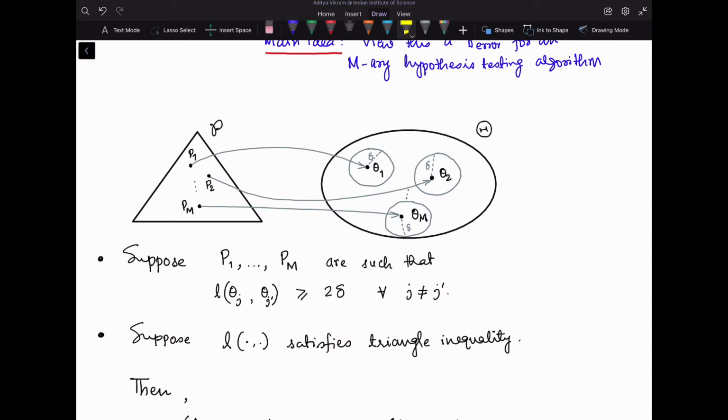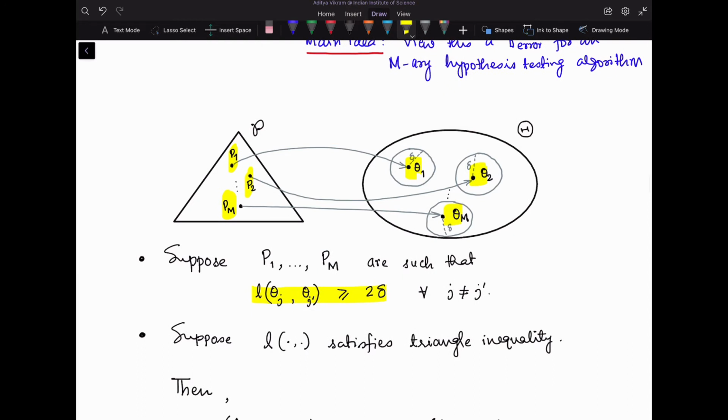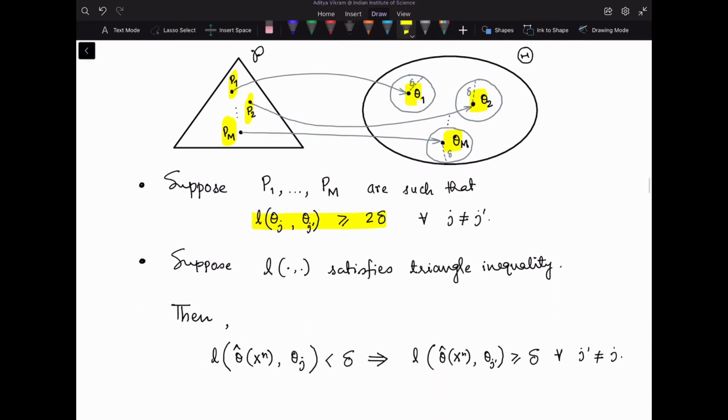Okay, so again we have this picture here. We have m distributions which we have chosen from P. As of now, they are arbitrary. And corresponding to each distribution, we have the parameters in the parameter space. Suppose we choose P1 to Pm so that the loss between theta j and theta j dash is at least 2 delta, if j and j dash are different. And also suppose that this loss function satisfies the triangle inequality.